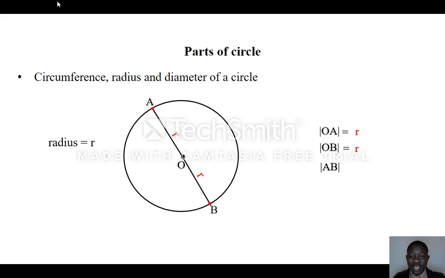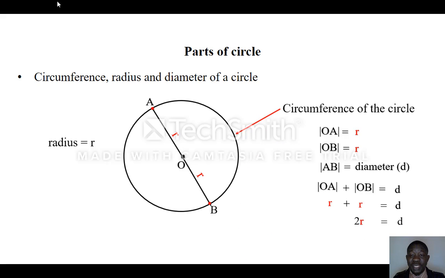The distance AB is called the diameter. Now, OA plus OB equals the diameter. Therefore, R plus R equals the diameter. 2 of the R will give us the diameter. We also have this to be the circumference of the circle.